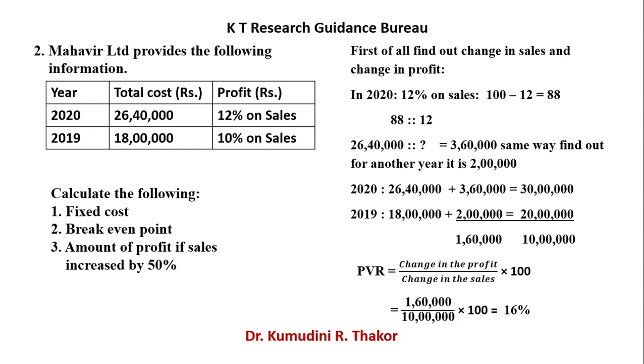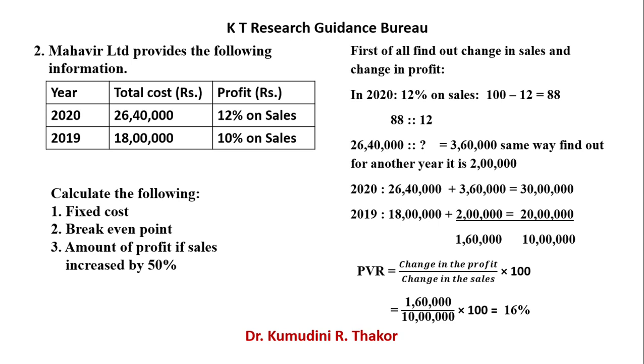So 1,60,000 by 10 lakhs into 100 is equal to 16%. This is your profit volume ratio.